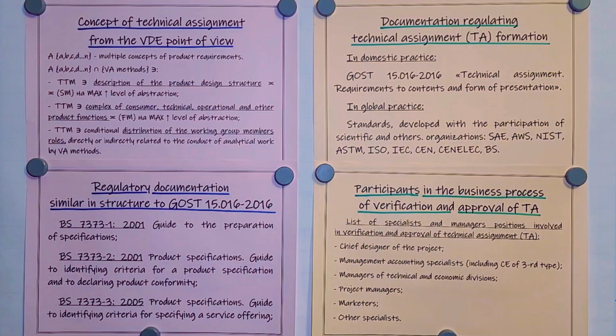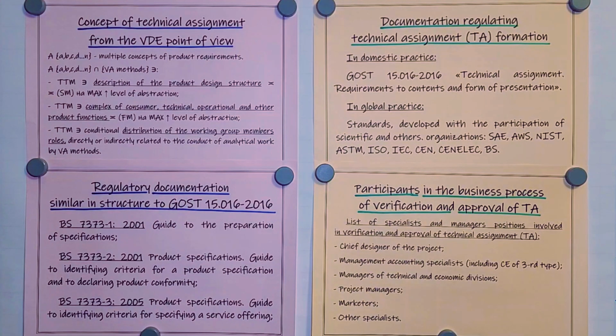In domestic practice, in terms of regulatory documentation used in the formation of technical specification or technical assignment within the framework of the Unified System of Design Documentation, or USDD, for a machine building object, everything is quite unambiguous.